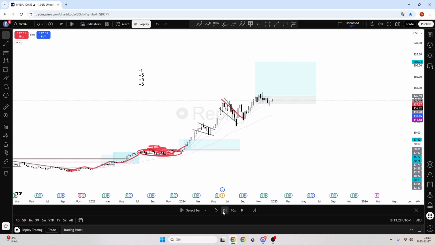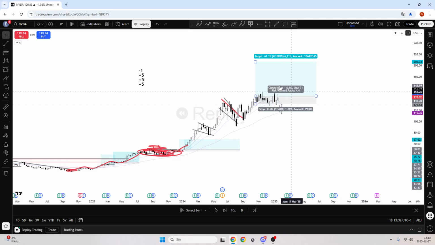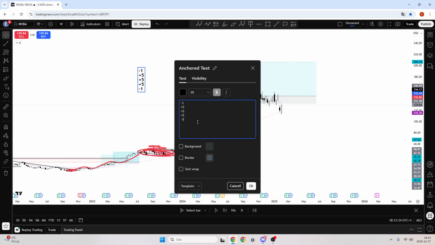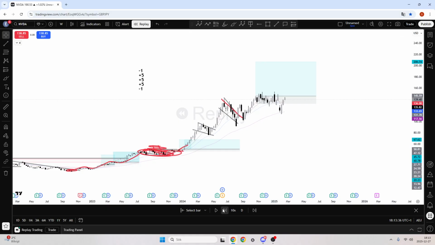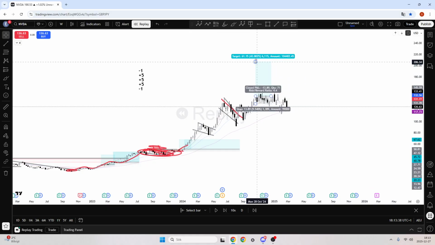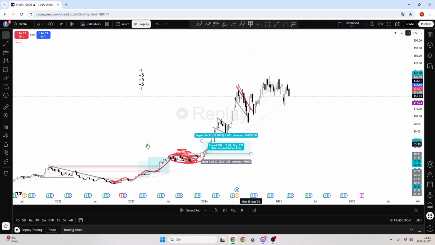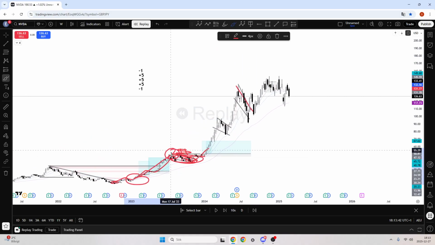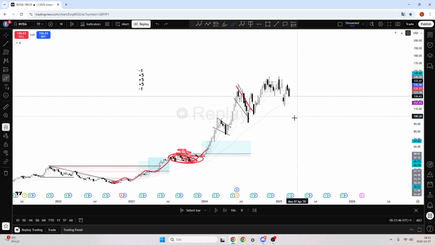Taps us out, that's completely fine. Structure is still holding up very nicely. As you guys can see, we are creating higher highs and higher lows, higher highs and higher lows.